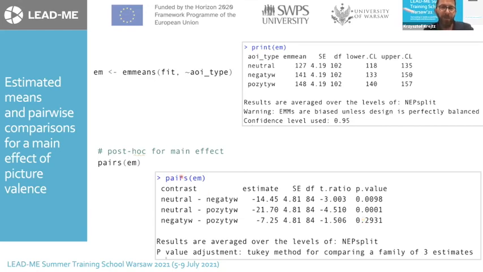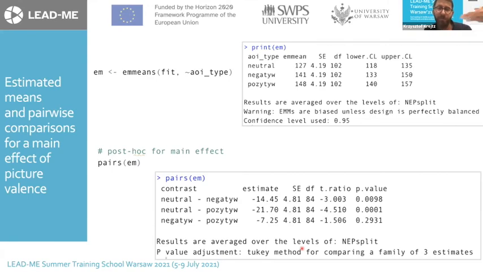Why I use pairwise comparisons with the function pairs, and not running 3 t-tests by hand, is because this function adjusts the results with a special correction. By default, it uses the Tukey method for the correction for the number of comparisons.